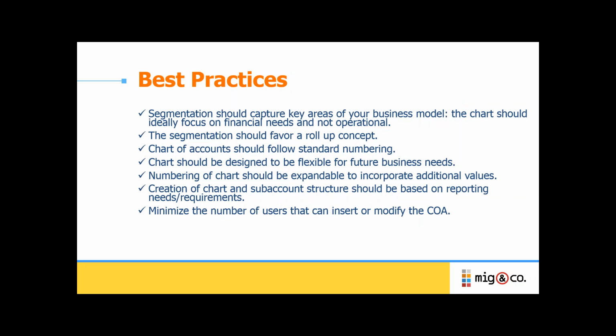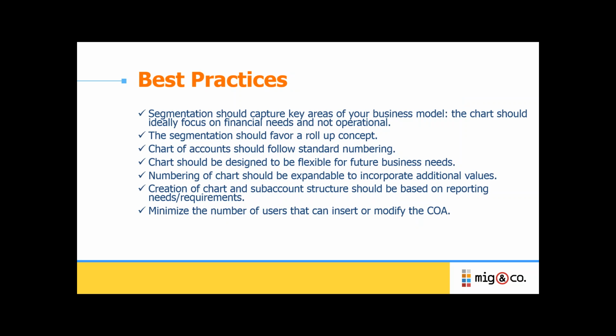Best practices: segments should capture key areas of the business, and make sure that you're not only putting data into your accounting system as a transaction flow, but you're also getting the financial reports that you need for your particular business.